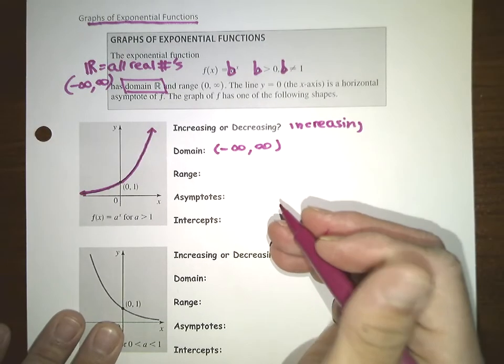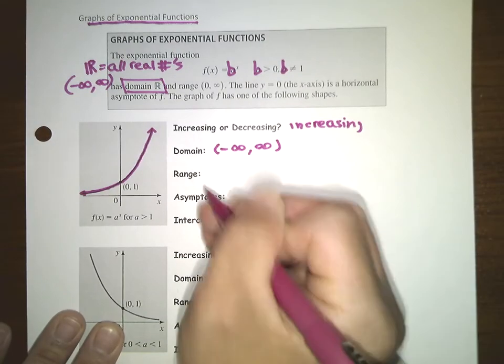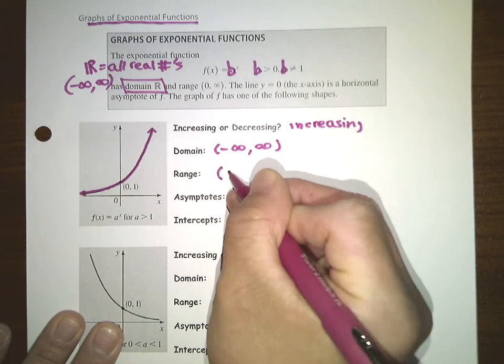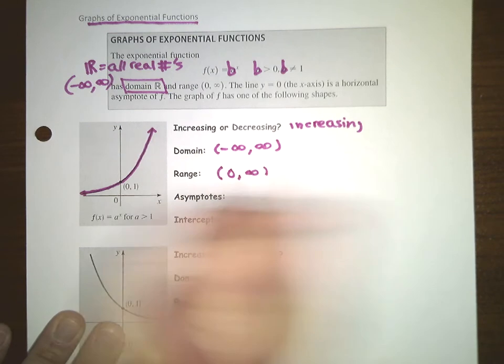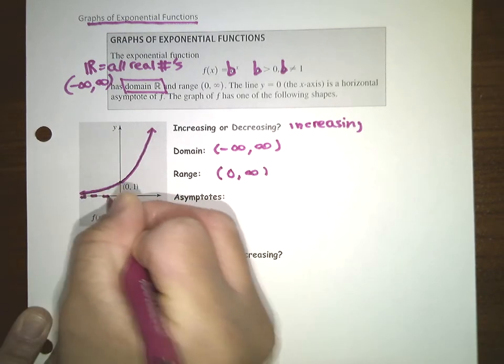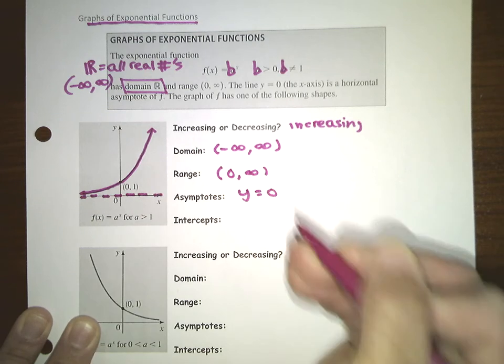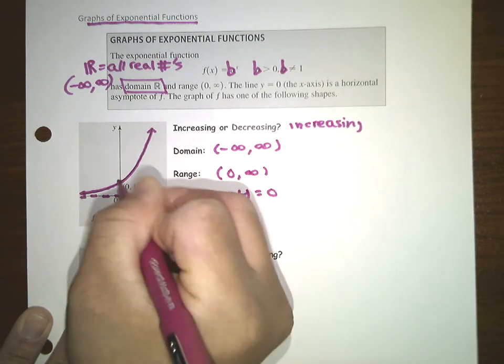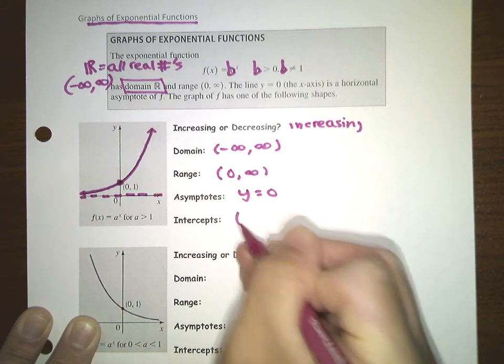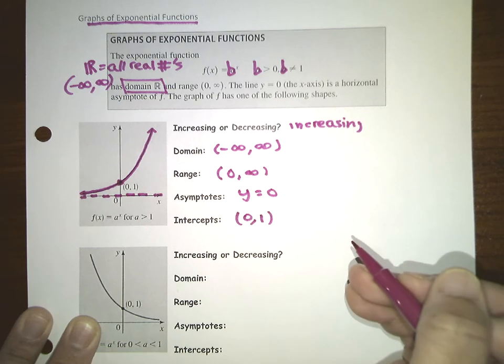And then the range is going to be 0 to infinity. The asymptote is just one horizontal asymptote at y equals 0, and it has a y-intercept of 0, 1, but no x-intercept.